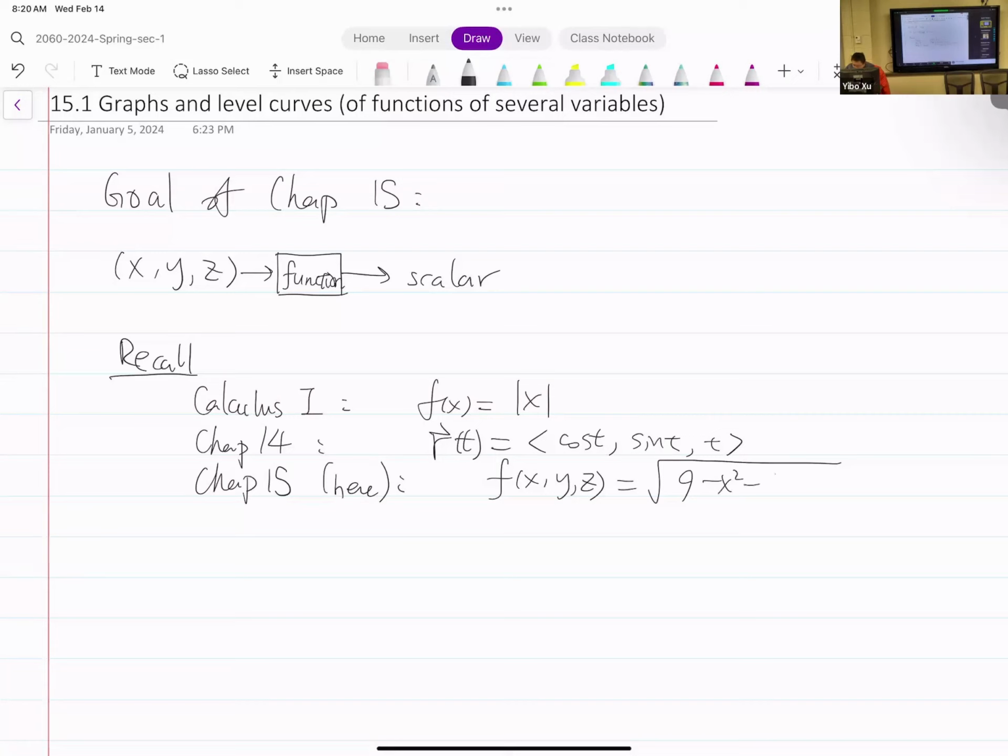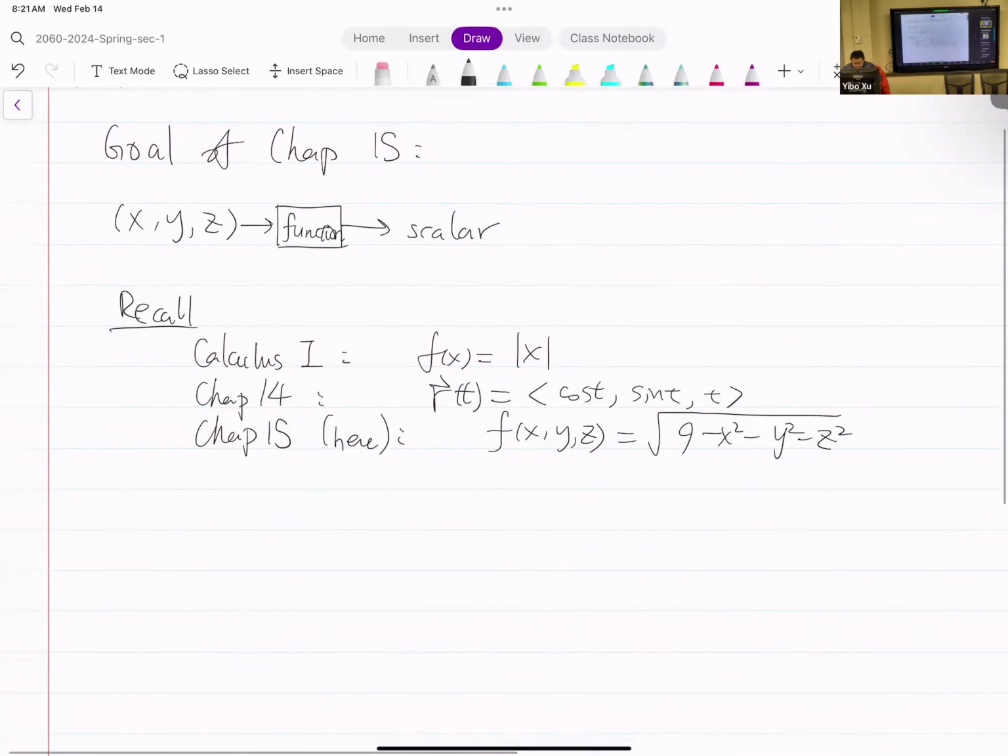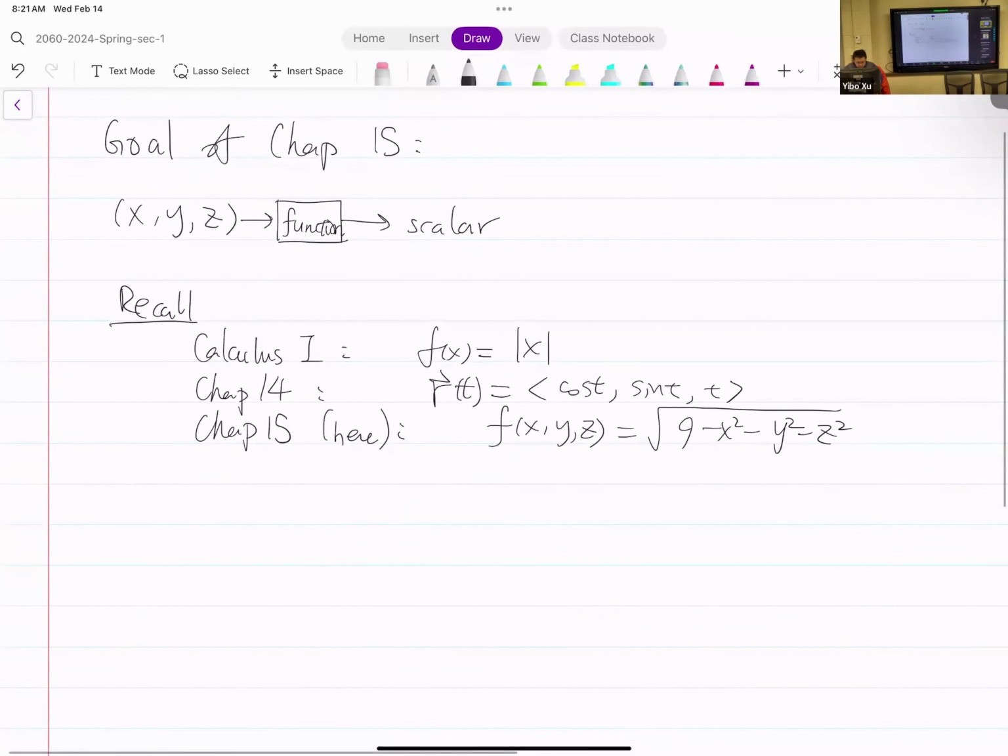For example, we can do something like this, right? And you can see that here we have this little f of x, y, z. There are three inputs. Okay, so if there are only two inputs, it's a function of two variables.